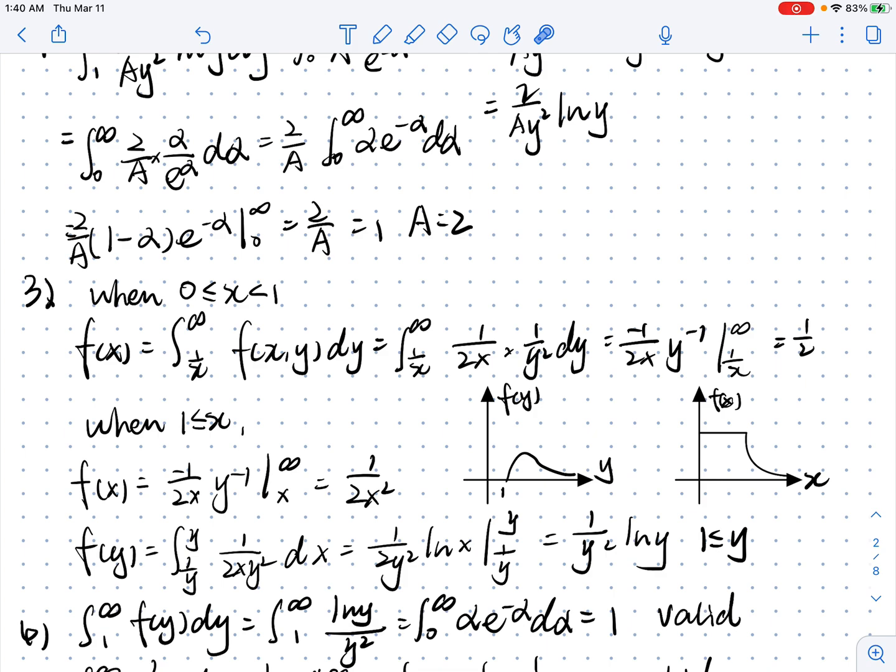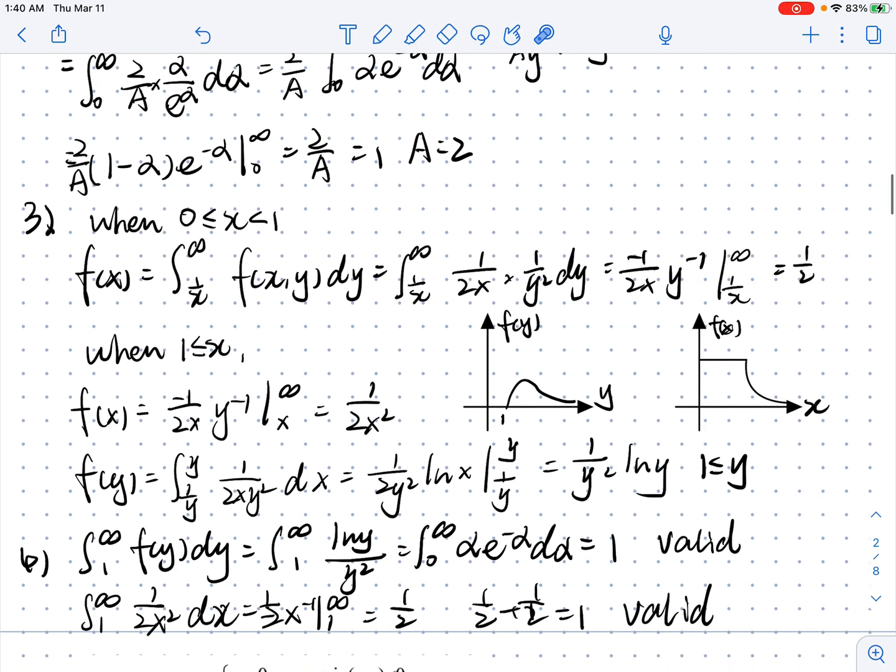So we can consider 1 over 2 as a constant, and we just need to calculate this item, that is 1 over y squared. And it should be 1 over 1. After the calculation, we note that the result is a constant, 1 over 2.